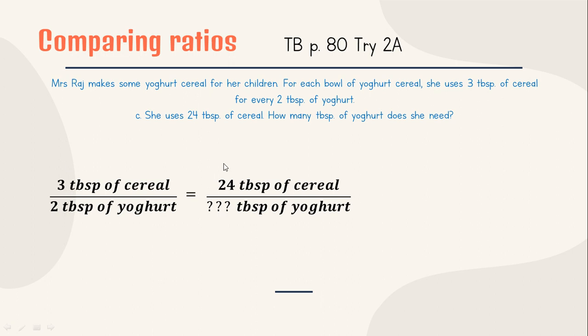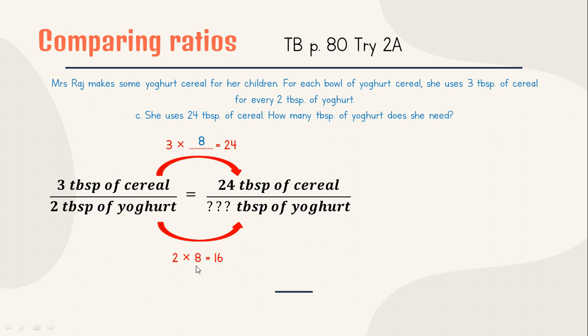From 3 to 24, what does it mean? It means 3 times what equals 24, or 24 divided by 3, which is 8. If 3 times 8 equals 24, the other number must also be multiplied by 8. It cannot be 7, 9, 100, or 200. It must be 8.